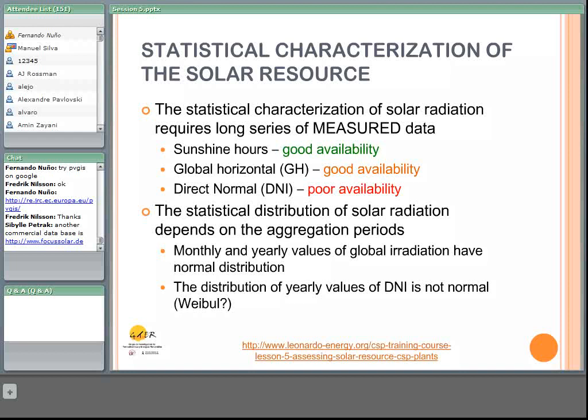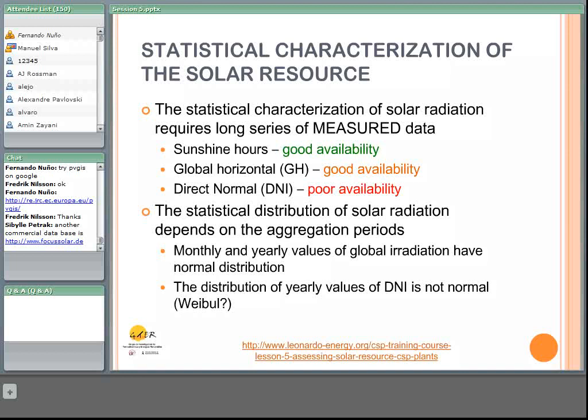Your project normally will be generating energy for 20-25 years, and you'd like to know what you can expect during this life of the project. Therefore, it's important to have a good characterization from the point of view of the statistics of the resource.